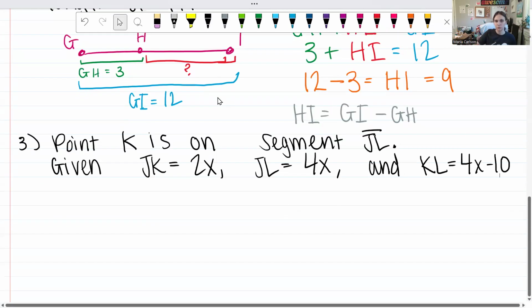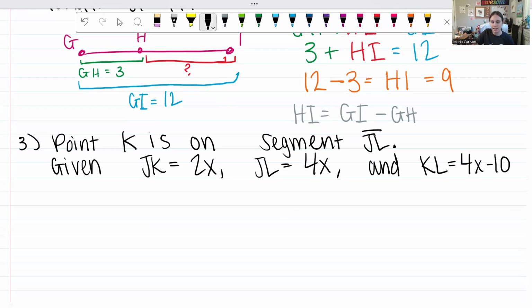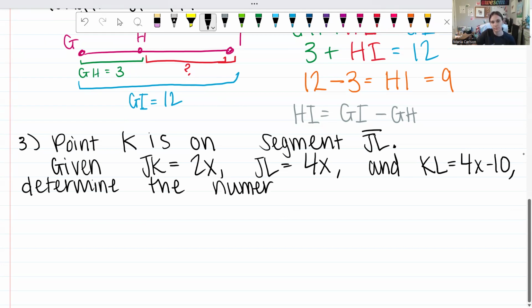So given JK equals 2x, JL equals 4x, and KL equals 4x minus 10, we want to determine the numerical length of segment KL.